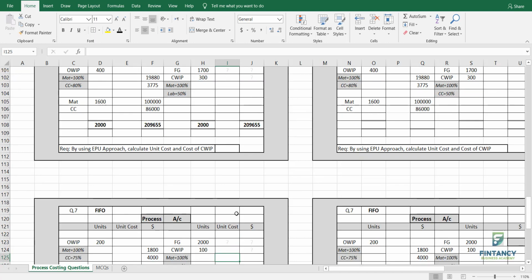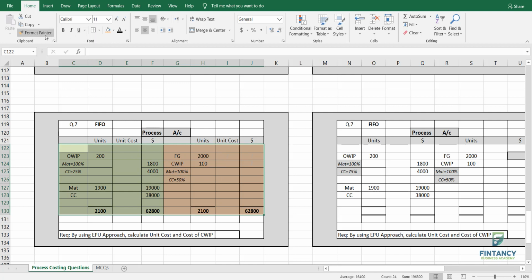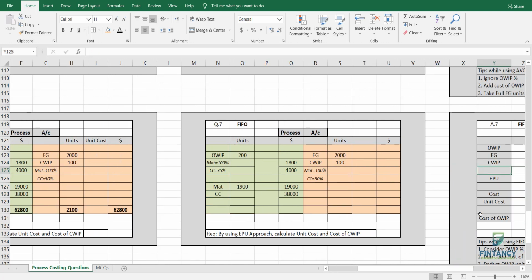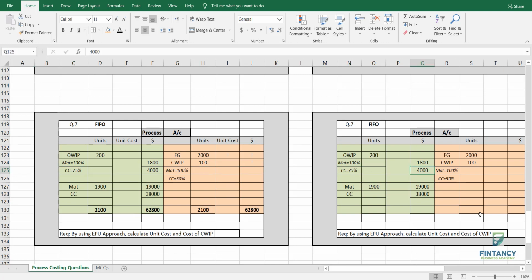So let's see the last scenario, which is first in, first out. Okay. So my friends, this is your debit side and this is your credit side. Okay, so let's see what to do in the first in, first out situation.